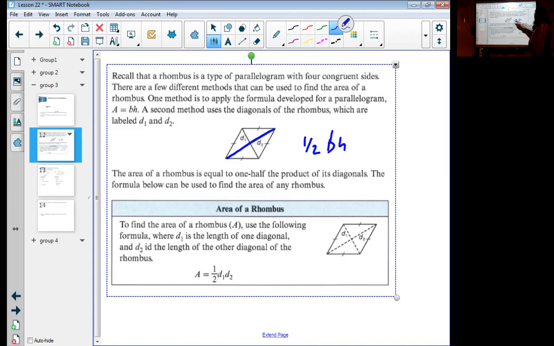Well, we know the base is D2, so 1/2 D2. And then here we have half of D1 as well, 1/2 D1. But we have 2 of these triangles. So when we get our area of the first triangle, we multiply by 2, that's going to get rid of one of these halves, and we're left with 1/2 D1 times D2. And that is how you get that formula.